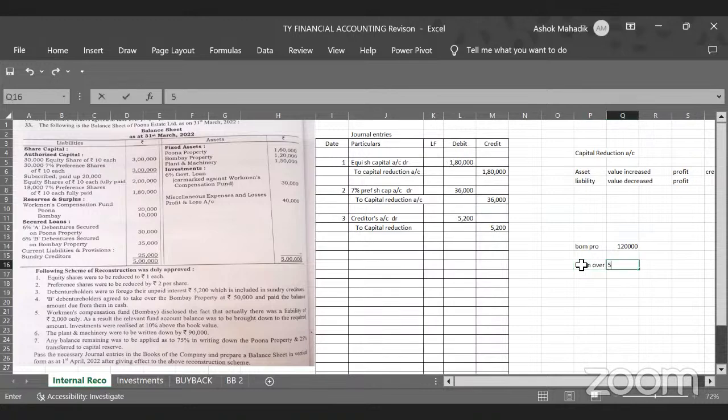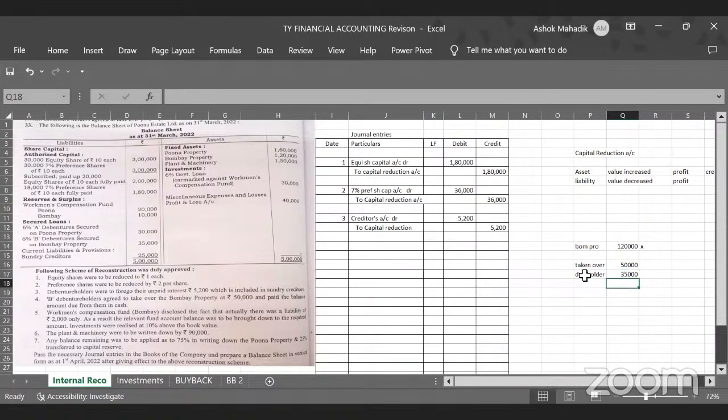Then what is their liability? The value of the debentures outstanding is 35,000.